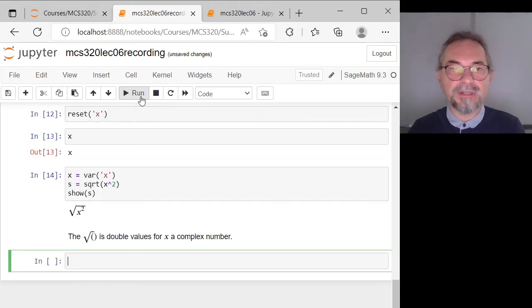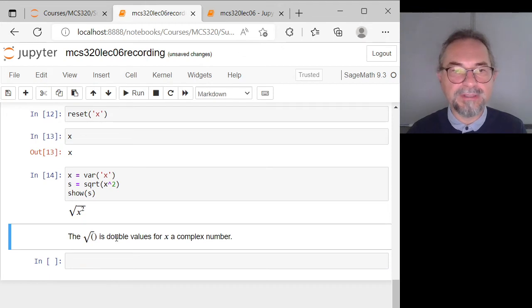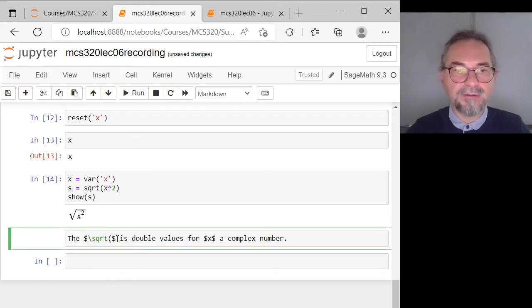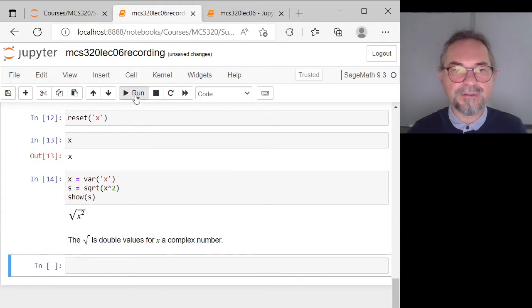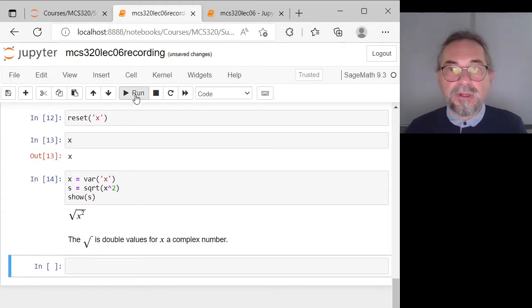That was something that we pointed at in the previous lecture. So I can force it. There are several ways to do this. I could make assumptions on x, assuming that it is a real number.